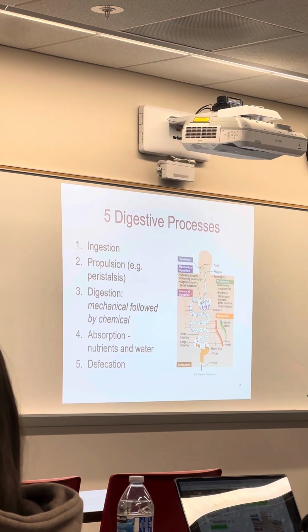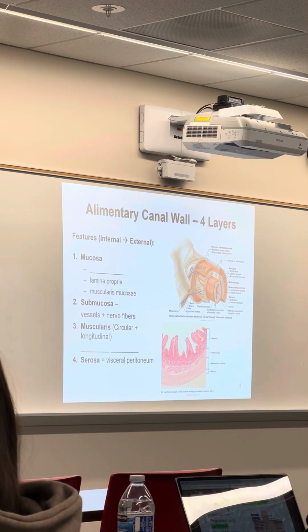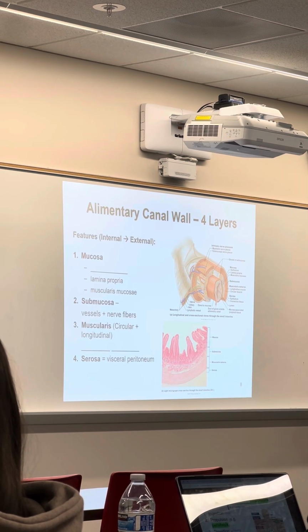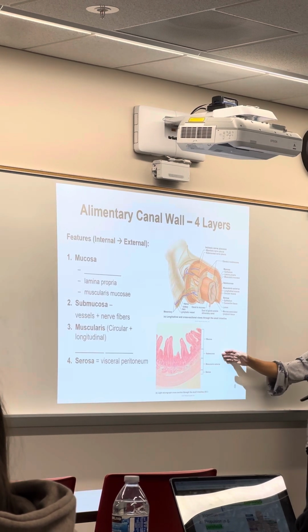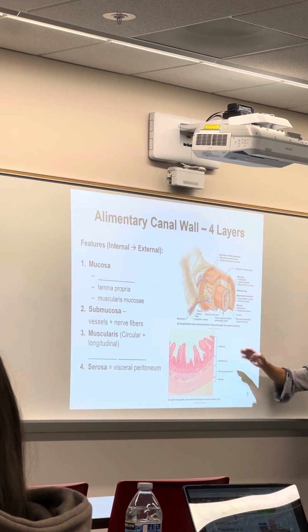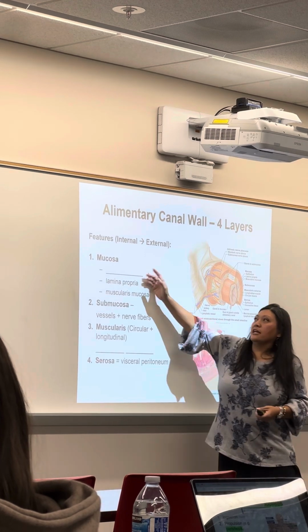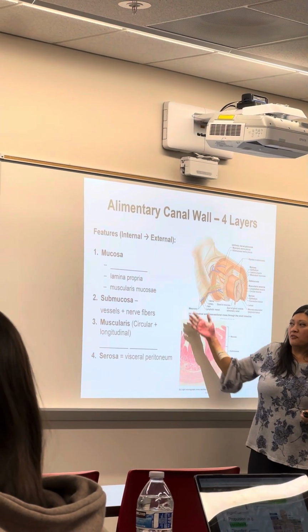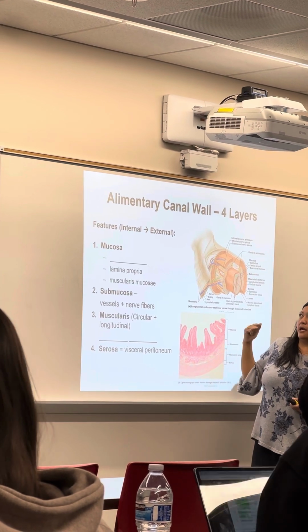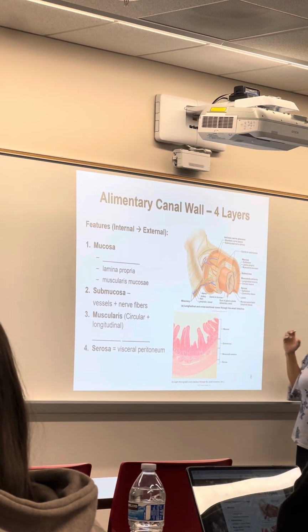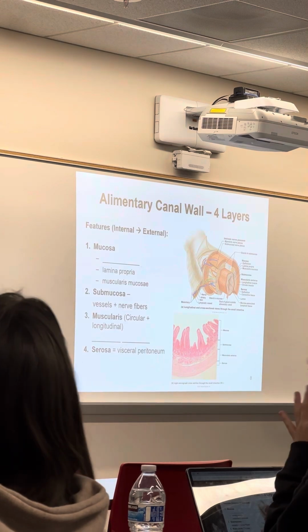Right? So let's go into that alimentary canal wall. This is something I want you to be able to understand for lab. So we're not going to spend a lot of time on this, but I would like you to help me fill in the blanks, and they're going to be filled in with certain tissue types.